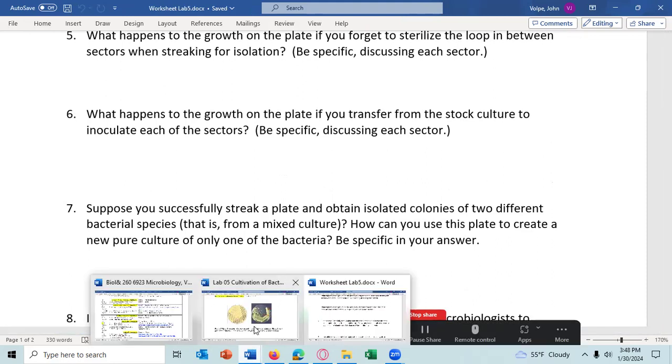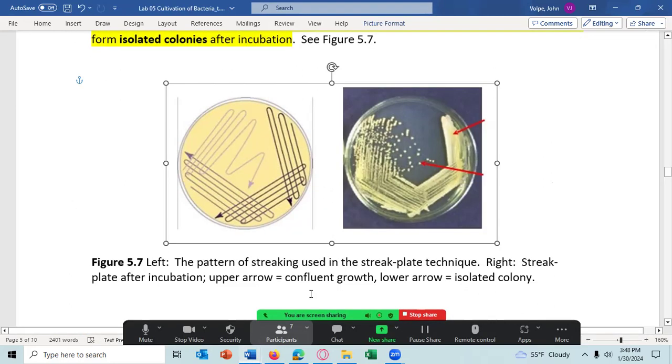So let me go back to here. The first sector is done normally. You are sterilizing your loop, cooling it, picking up the growth from the stock culture, and streaking out sector 1. However, you don't sterilize the loop and then streak through sector 1 to get cells for sector 2.